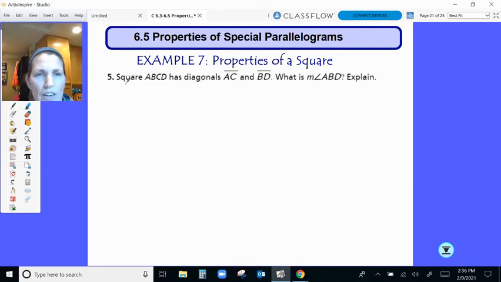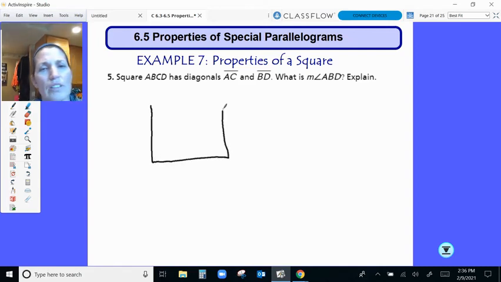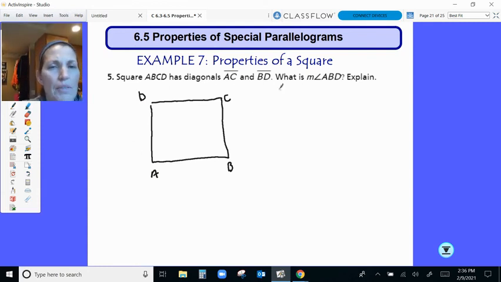All right, almost finished. A square has diagonals AC and BD. What is the measure of angle ABD? So first of all, draw yourself a picture always. Label it. And polygons are always labeled in order of the letters. So A, B, C, D, it goes around. It doesn't jump around. It goes all in order. It doesn't matter if you go clockwise or counterclockwise. And I'm going to draw my diagonals.